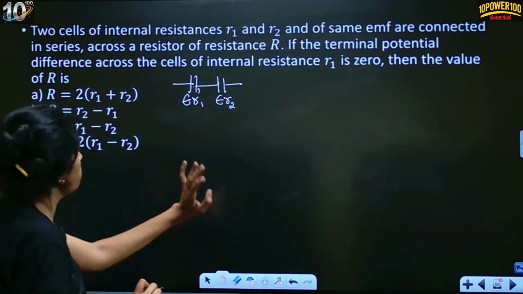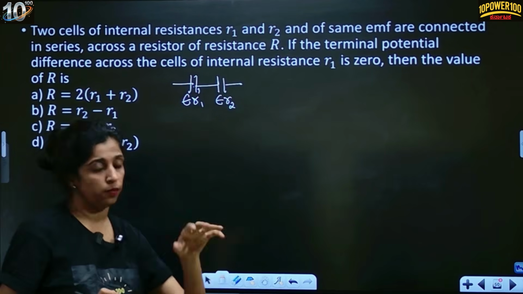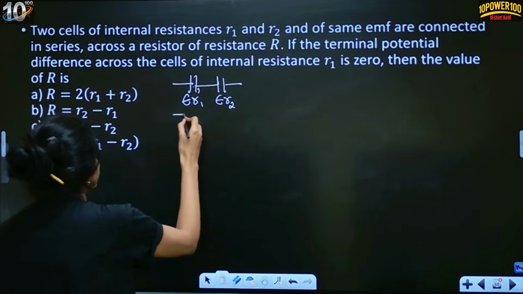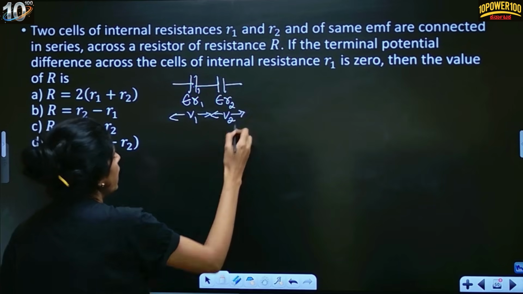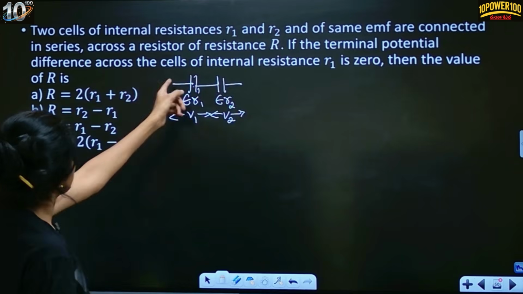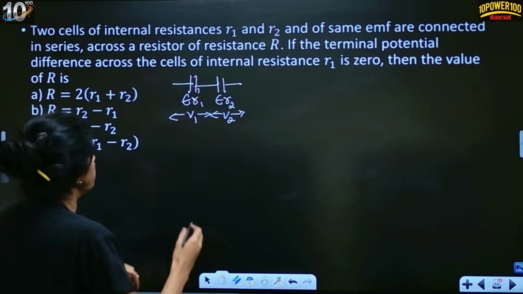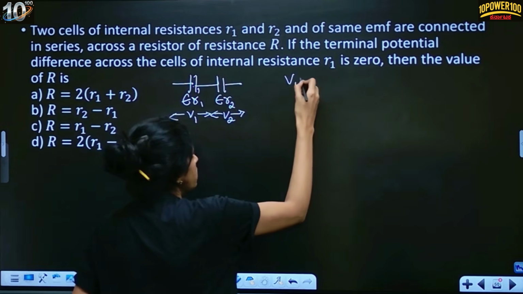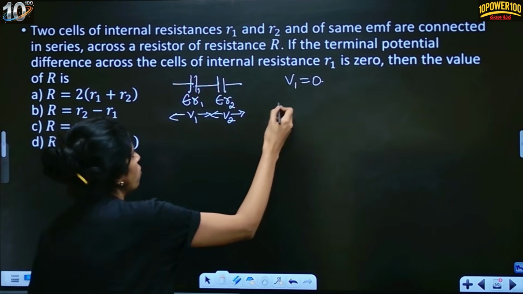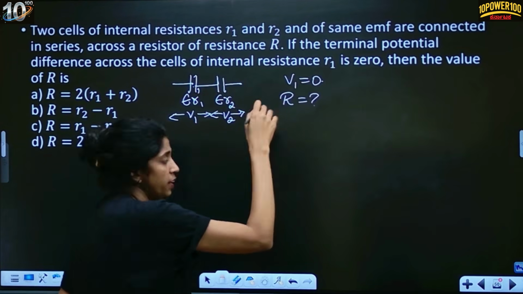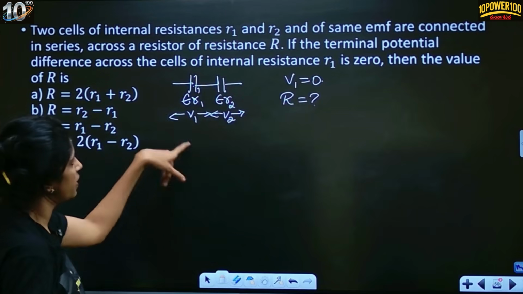I'm taking EMF E for both because they have the same EMF. Then V1 is across the first cell and V2 is across the second cell. They're saying the terminal potential difference across the cell of internal resistance R1 is 0, as V1 equals 0. Now you should find out the value of capital R over here, that is the total resistance they're asking, because it is connected in series.